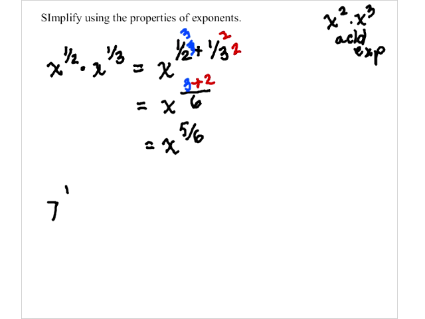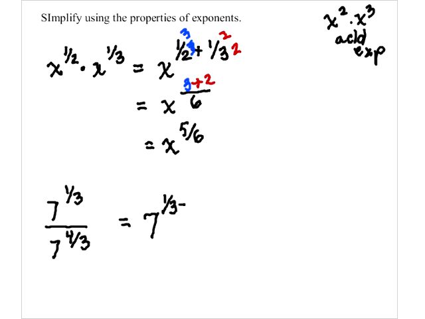All right? Now the other example was 7 to the 1/3 over 7 to the 4/3. Now the property for this is when you divide, you subtract the exponents. So I'm going to write it out.